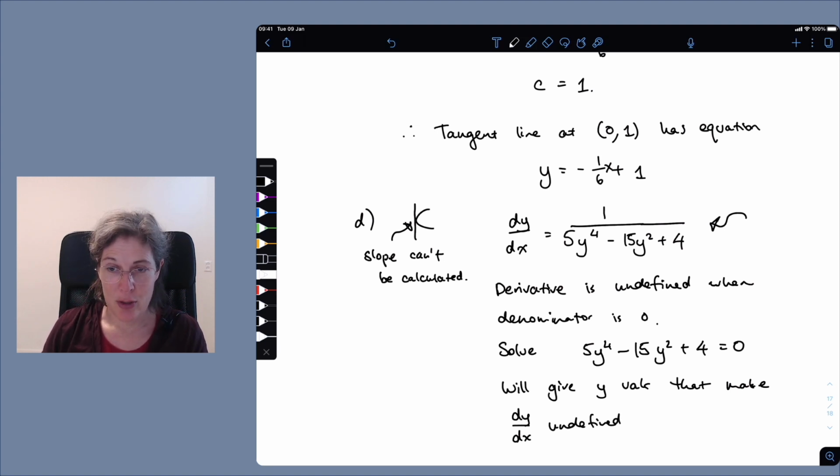Alrighty, so I'm not going to do that. I'm going to put the answer in the final solution, but you should just make sure that you're happy factorizing that and finding which values of y make it equal to 0.